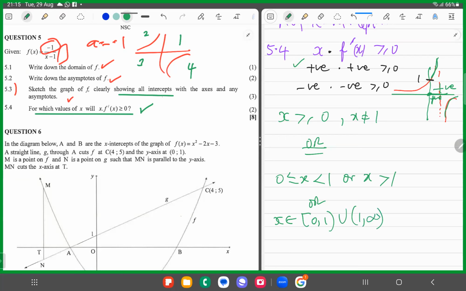So you can also say 0 to 1 included, but 1 is at an asymptote. So it is such that the function itself is undefined. Okay, so we continue.